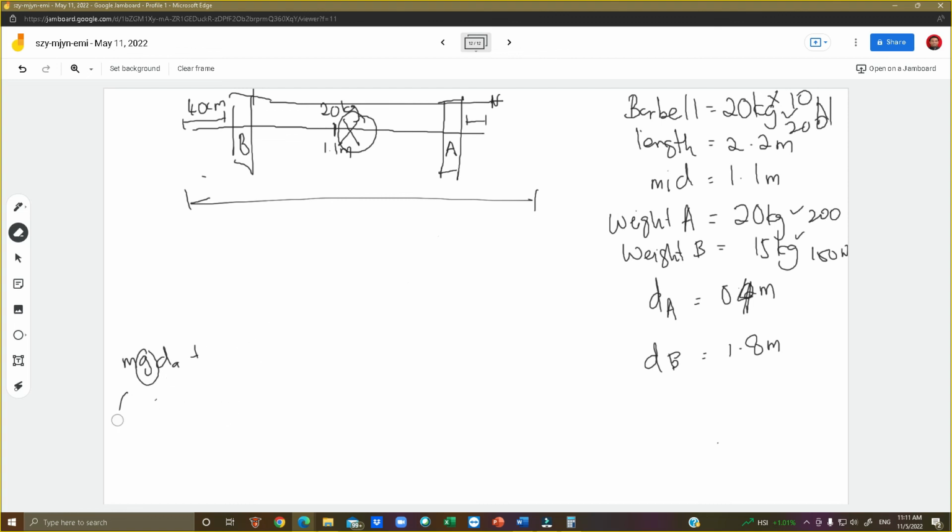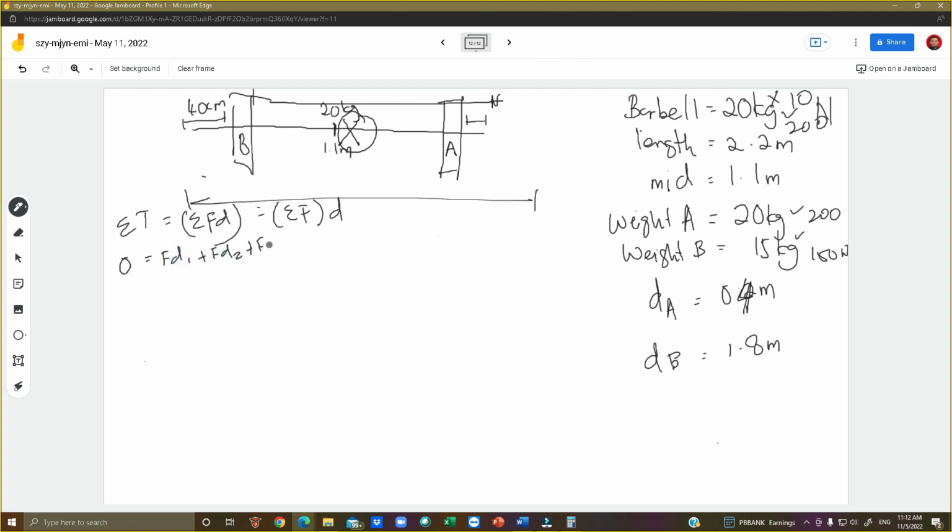We use the original equation, which is torque equals summation of FD. Here we have 0 since we don't want anything to move. We have FD1 plus FD2 plus FD3 equals F1 plus F2 plus F3 times D.